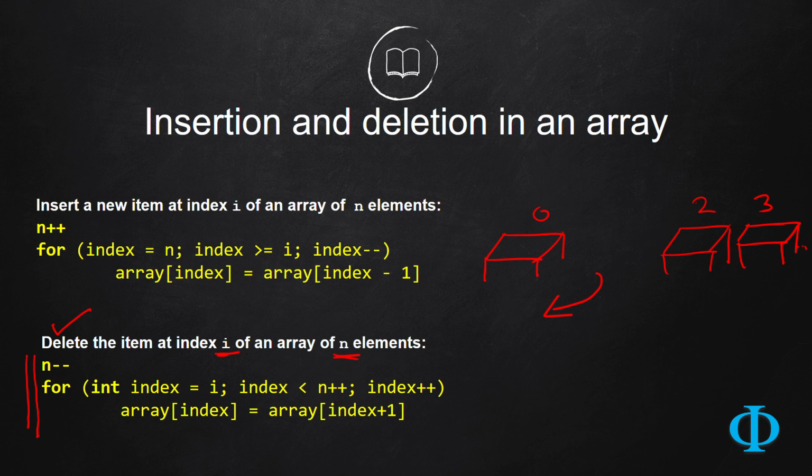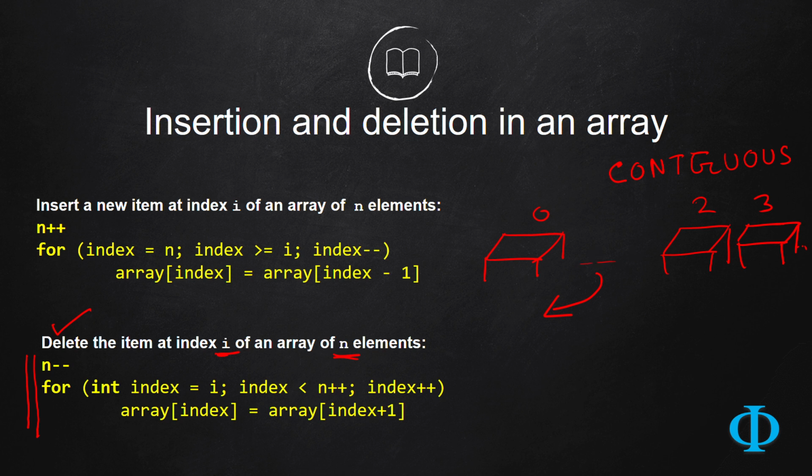Remember, as I have told, you have to make sure that all the tables, or all the items, in the new organization occupy contiguous locations. That means you have to fill out this empty space.